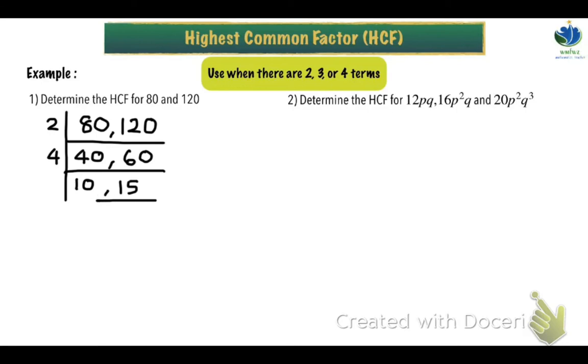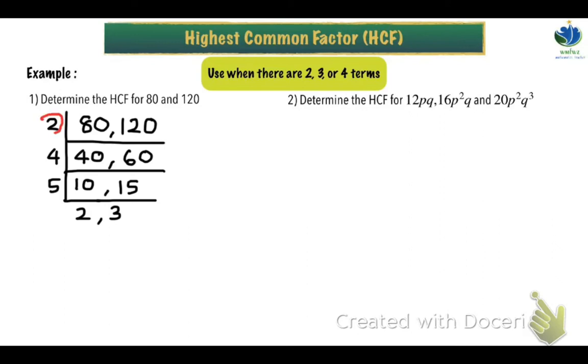Next, divide by 5. 10 divided by 5, 2. 15 divided by 5, 3. So as you can see here, these two numbers can't be divided by a common number.